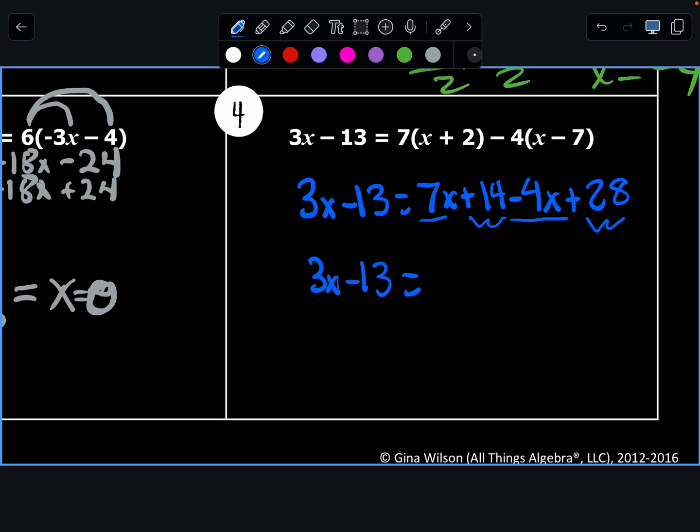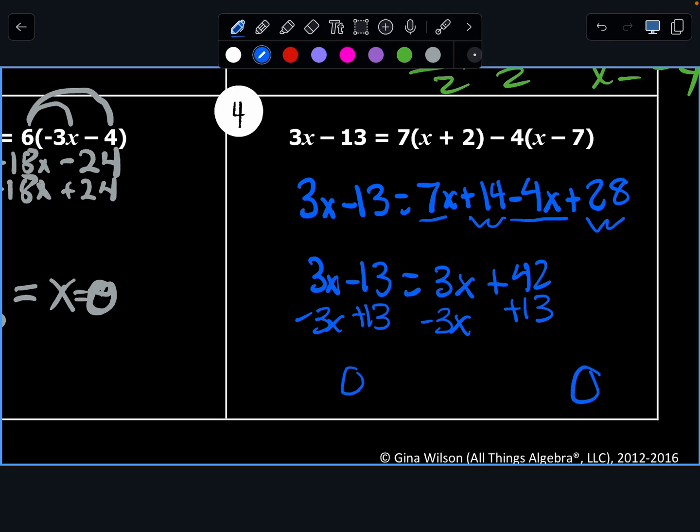Yeah, and then it would be 3x plus 42. And then I want my terms on this side, so I'll subtract 3x. And then add 13. And then it would just be 0. So it would be no solution.